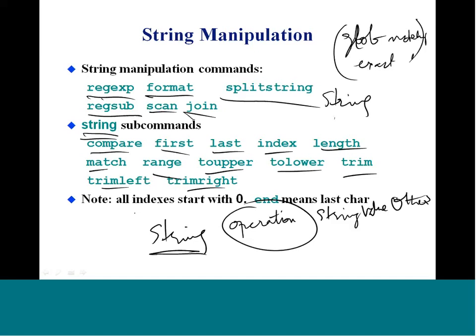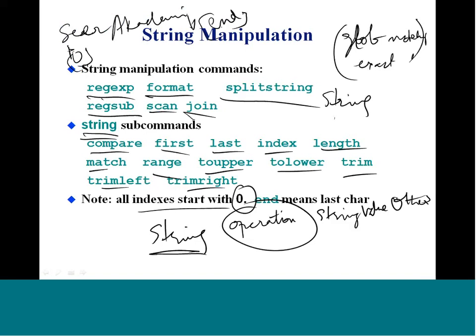One quick note is that all the indexes within a string start with 0. So if I say Seer Academy, this is string value, index 0, and you can also say end, which means the last character in this example.